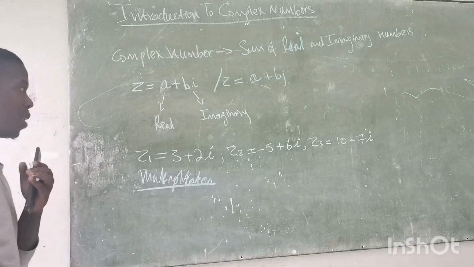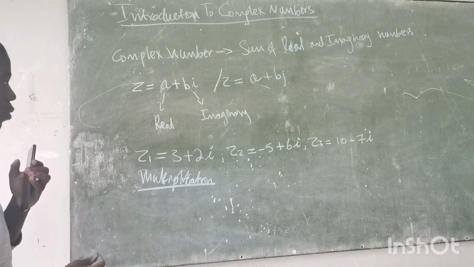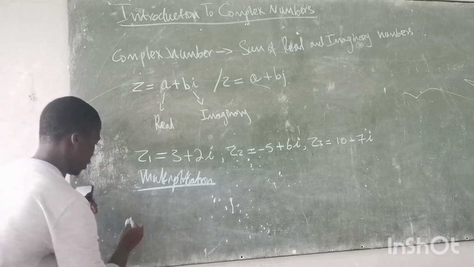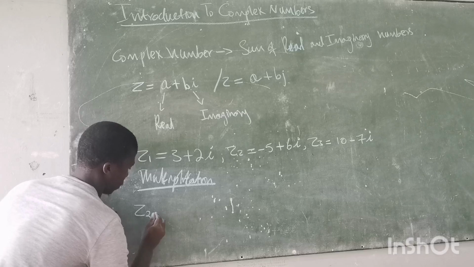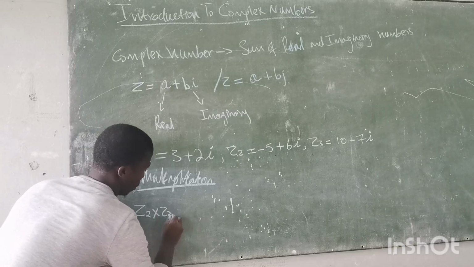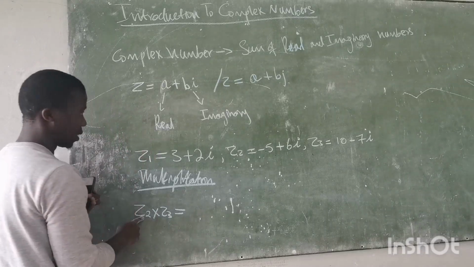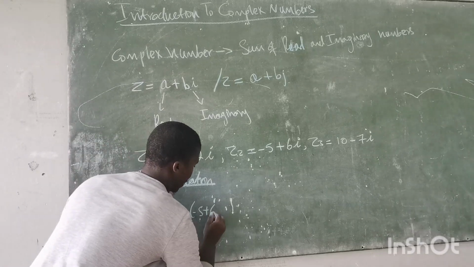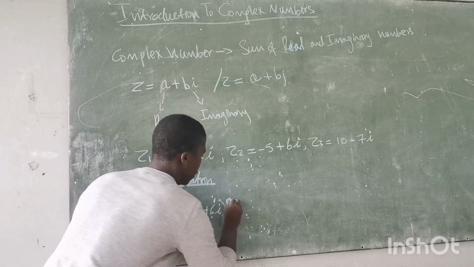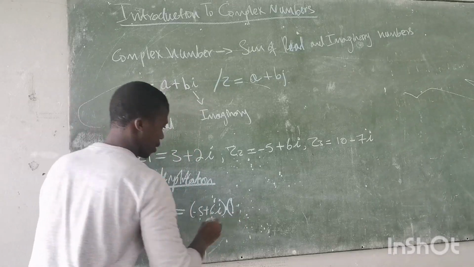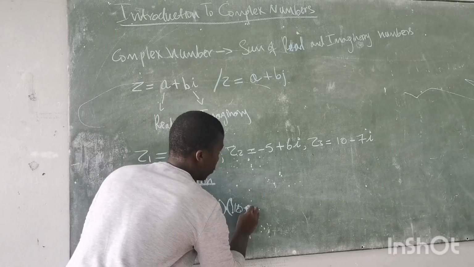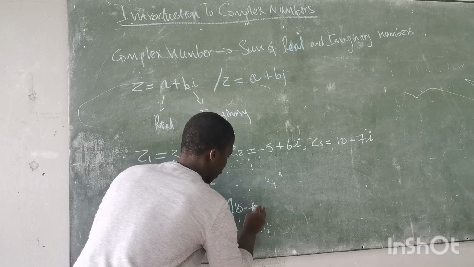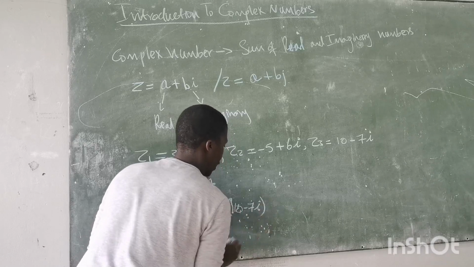Okay, right now let's multiply z2 by z3. What is our z2? Our z2 is negative 5 plus 6i. What is our z3? Our z3 is 10 minus 7i.